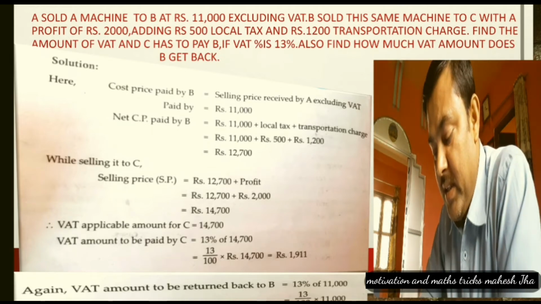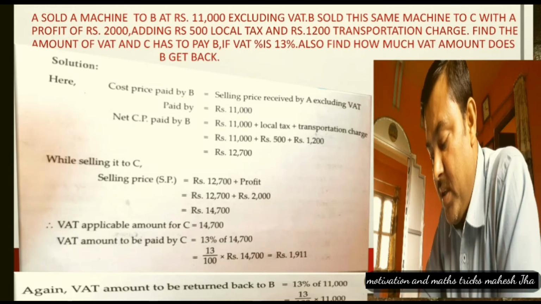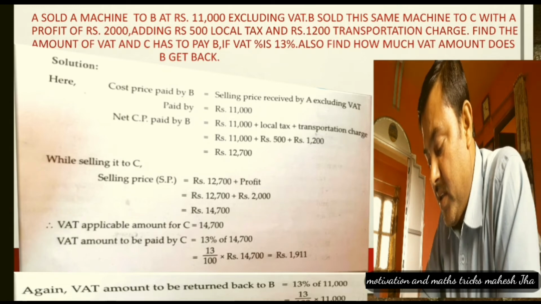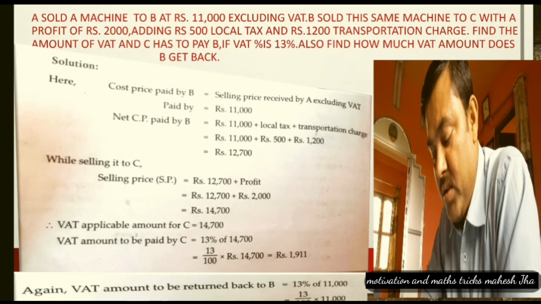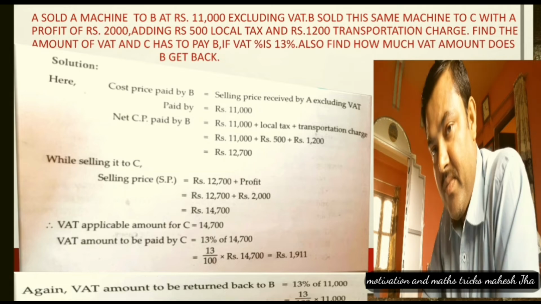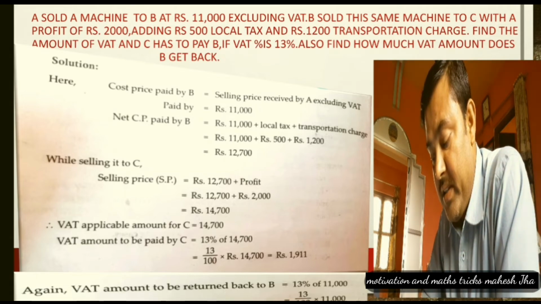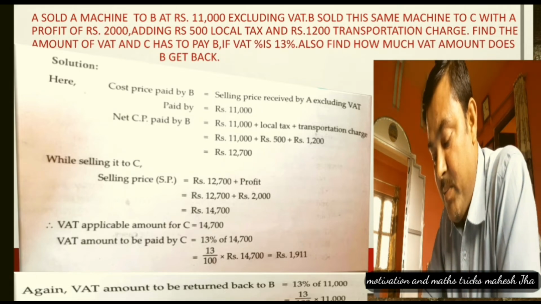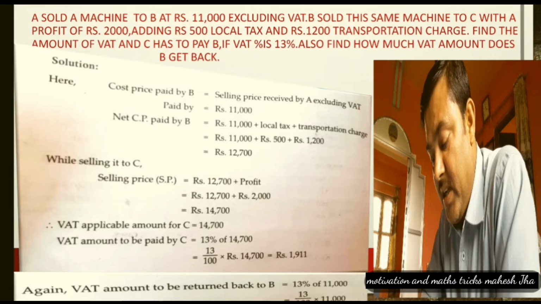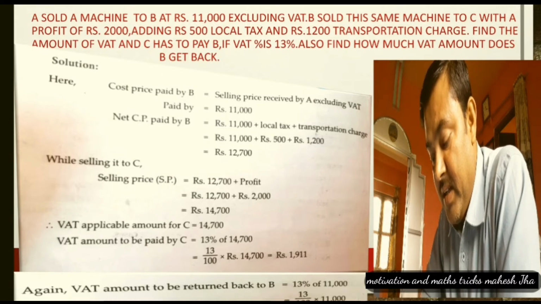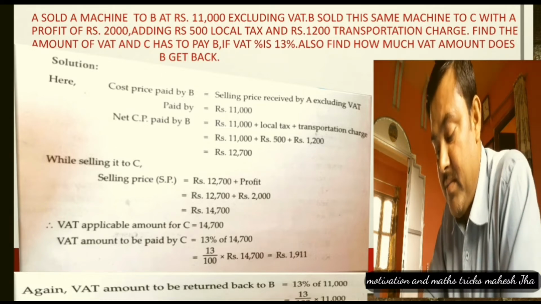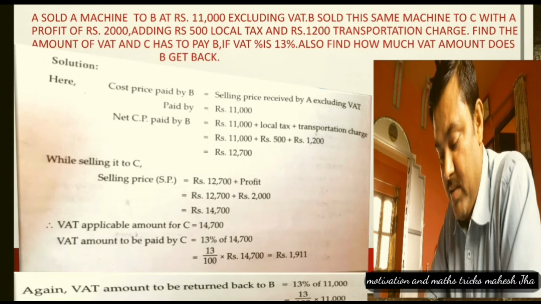Find the amount of VAT that C has to pay to B. If the rate of VAT is 13%, also find how much VAT amount B gets back. Here tax, transportation charge, VAT percent, all are included, and cost of machine excluding VAT is 11,000 given.